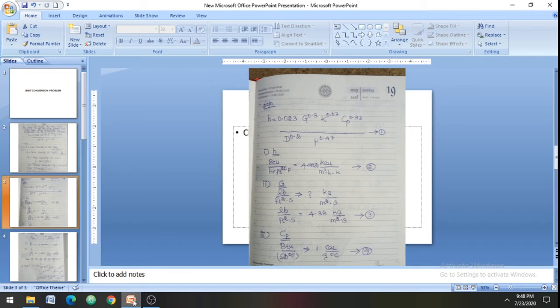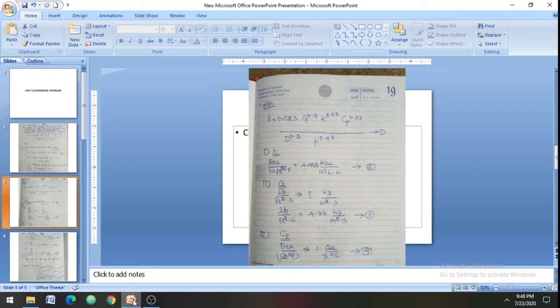Solution: h is equal to 0.023 G to the power 0.8, k to the power 0.67, cp to the power 0.33, divided by D to the power 0.2, mu to the power 0.47. So this is the first expression. Here each and every parameter is converted from FPS unit to SI unit.